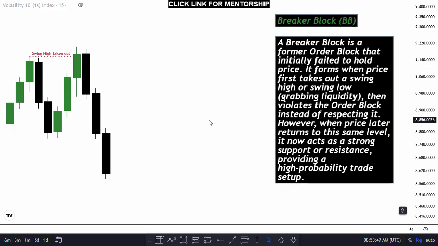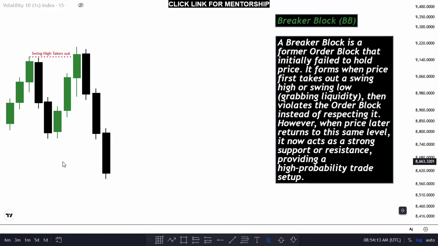So with breaker blocks, since we are in a bearish scenario, you are looking at this last candle here. It doesn't need to have a fair value gap or anything, you just need that last candle there. Price tends to go back to these last candles and respect them.